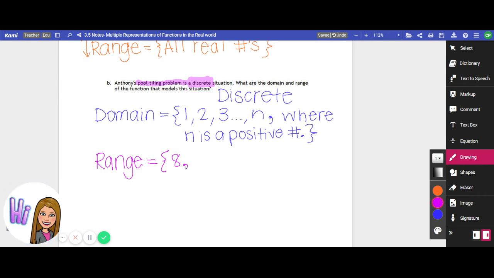I'm going to start with 8, 12, 16, and I'm going to keep going all the way up to an unknown. And actually, I'm going to use the algebraic rule or the mathematical function. So our function was 4 times that number plus 4, but again with the stipulation that n has to be a positive whole number.